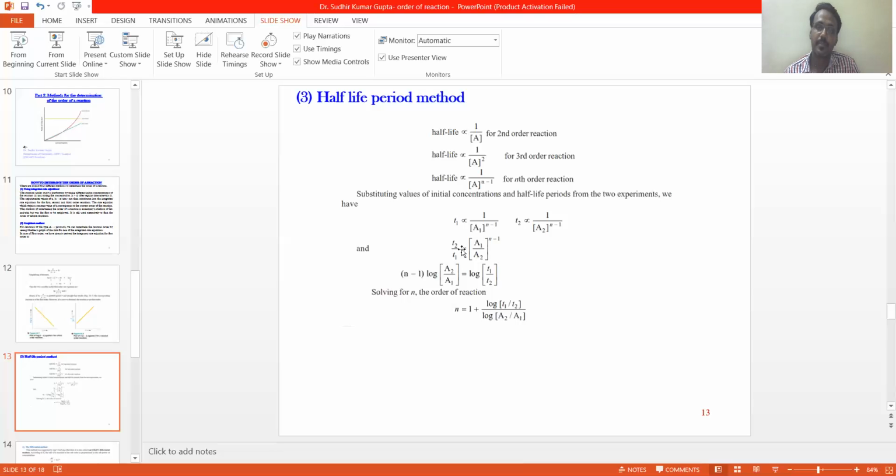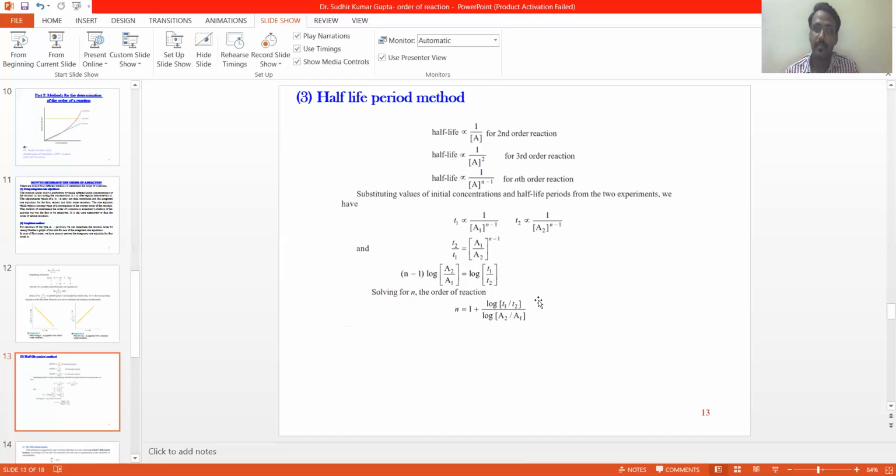Since they are inversely proportional, here it is T2 by T1, here it will be A1 by A2. So if we take log, then n minus 1 into log of A2 by A1 is equal to log of T1 by T2. Or we can rearrange it as n is equal to 1 plus log of T1 by T2 upon log of A2 by A1.